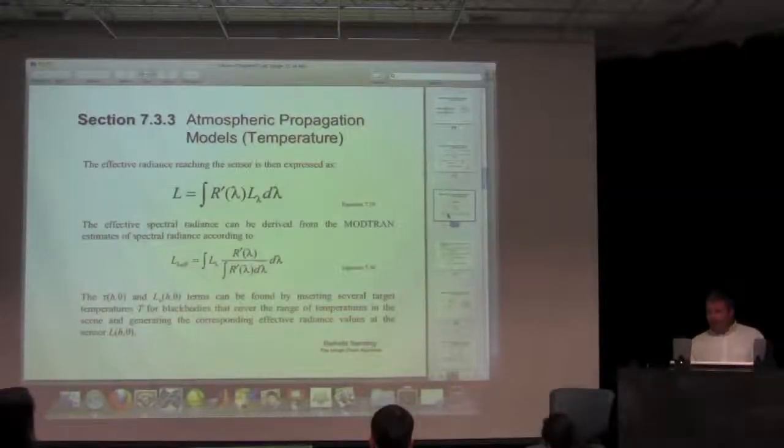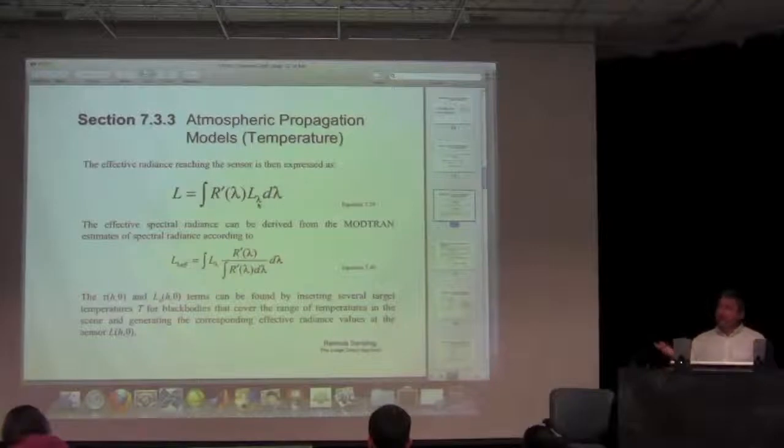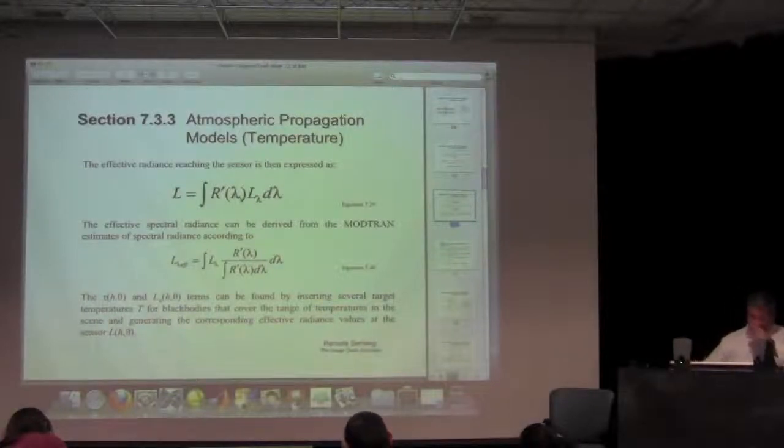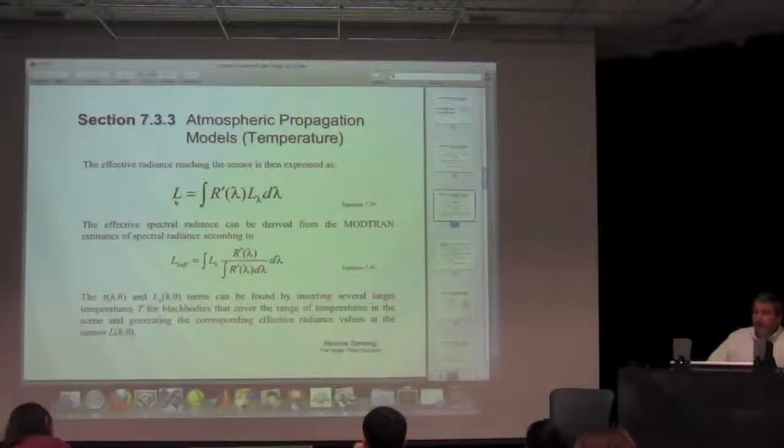All right. Now, once you have that radiance, that's the radiance reaching the edge of the atmosphere, you then need to go ahead and modify that based on the spectral response function of the sensor, right? And integrate it over the bandpass that you're looking at. So our theta here is the sensor spectral response function, integrated over the bandpass that you're looking at, and that'll give you the final effective radiance reaching your sensor.